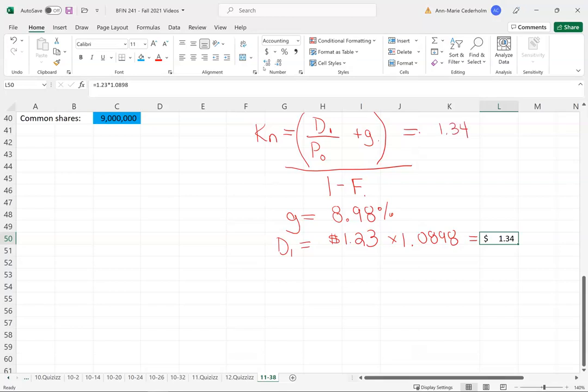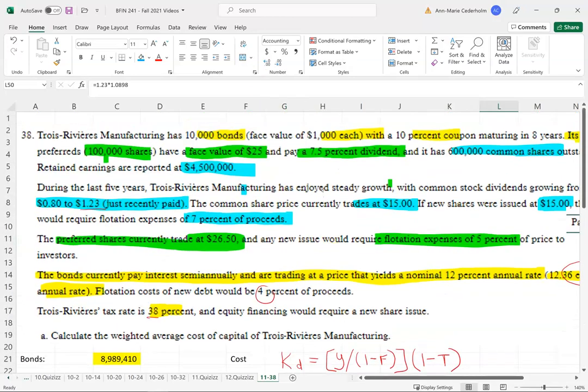Now I have rounding in here because all the decimal places are hidden. And then if I divide that by the price, so just remember this is the book price. So the price is $15.